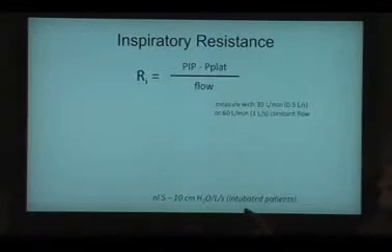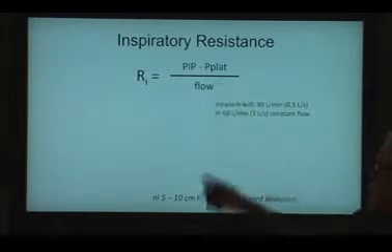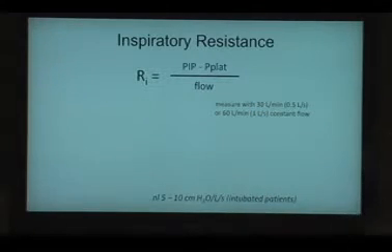Normal airways resistance in a mechanically ventilated patient: if the difference between PIP and plateau is greater than about 10, that is abnormal. I should also point out this is inspiratory resistance. Expiratory resistance will be greater, and expiratory resistance is actually a bit more difficult to calculate.